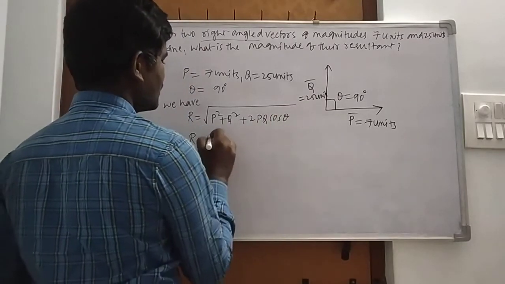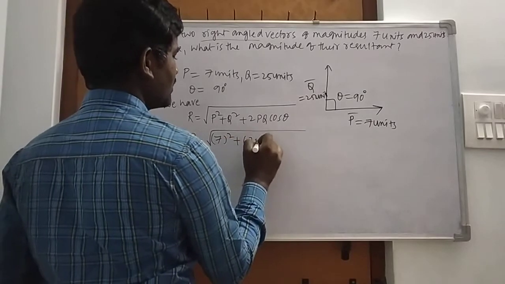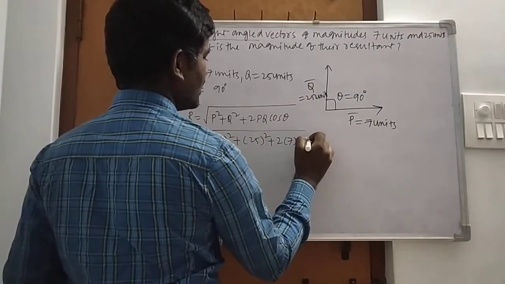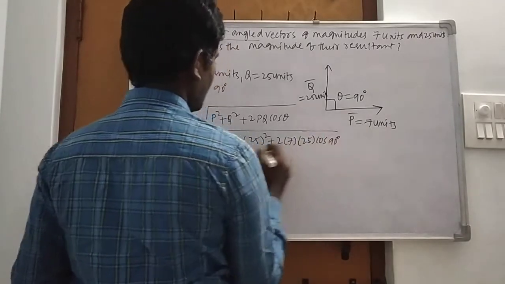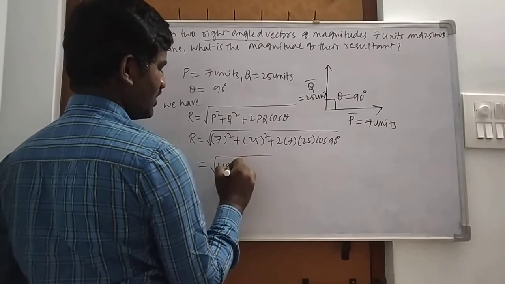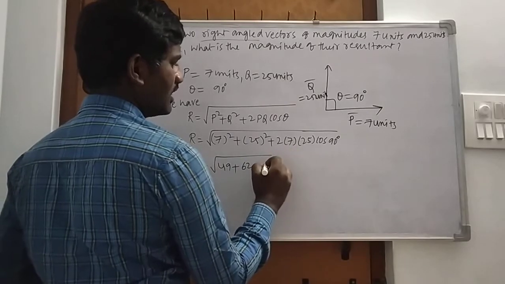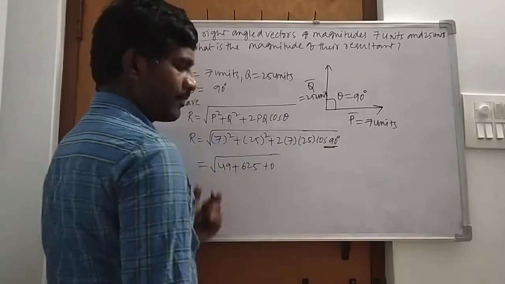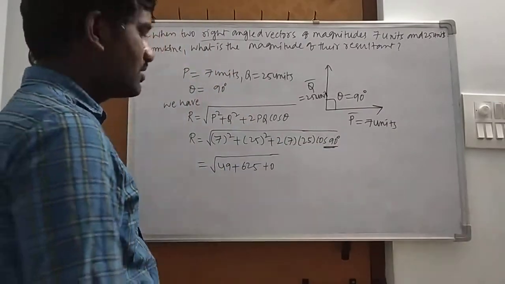R is equal to the square root of 7 square plus 25 square plus 2 into 7 into 25 cos 90. So 7 square is 49, 25 square is 625. This total term becomes 0 because cos 90 is 0.